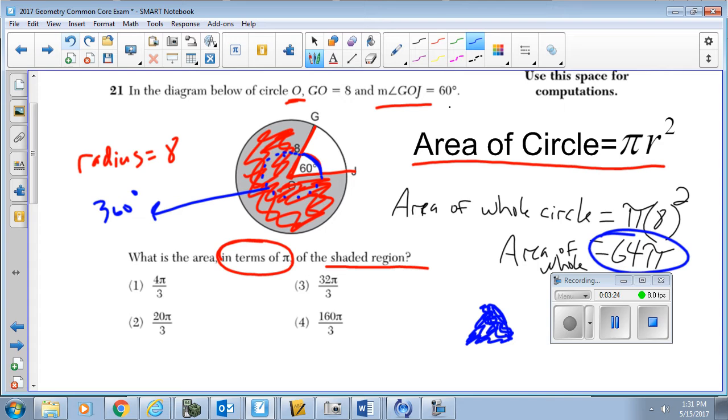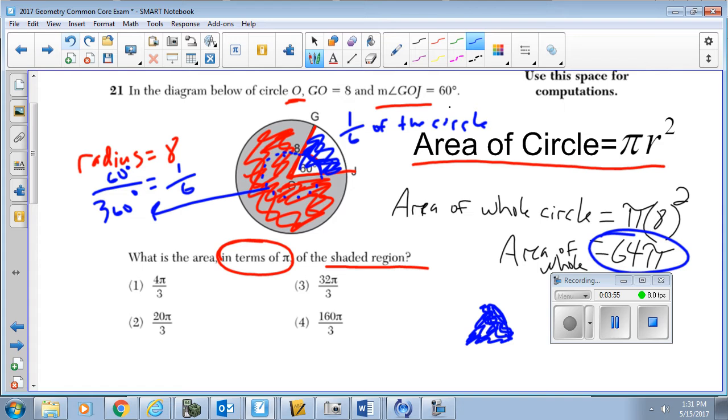So when you have 60 degrees, you can just find the fractional part. What I'm going to do is find the fractional part that this blue part is right here. Okay? This blue part, since it is 60 degrees, means that it is 60 over 360, right? Which equals 1/6. That means that this blue part is 1/6 of the circle. So this is 1/6 of the circle.